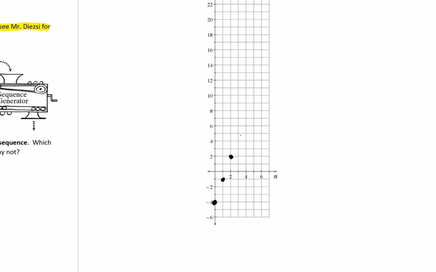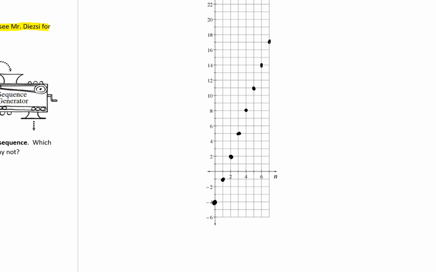So the third term is the number 5, and the fourth term was the number 8, and the fifth term was the number 11, and then finally the sixth term was 14.